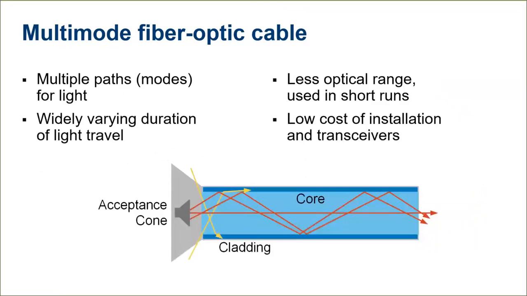So, step-index multimode fibers. The core is made out of materials with a uniform refractive index. As light enters one end of the fiber, it takes many paths to reach the other end of the fiber. These paths are also known as modes, and they are the source of the term multimode.